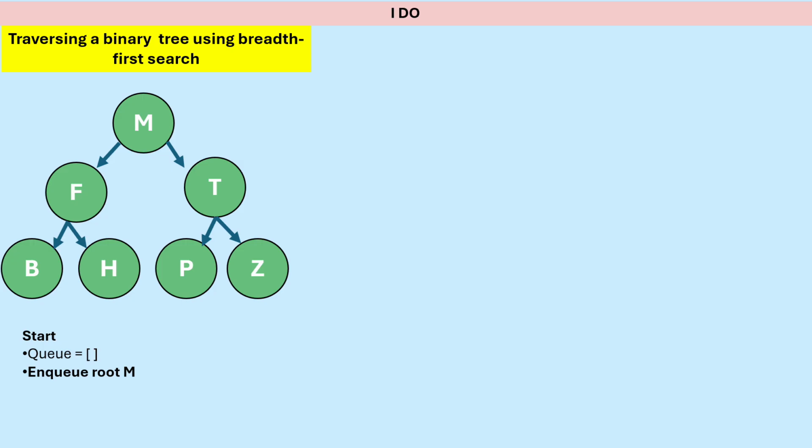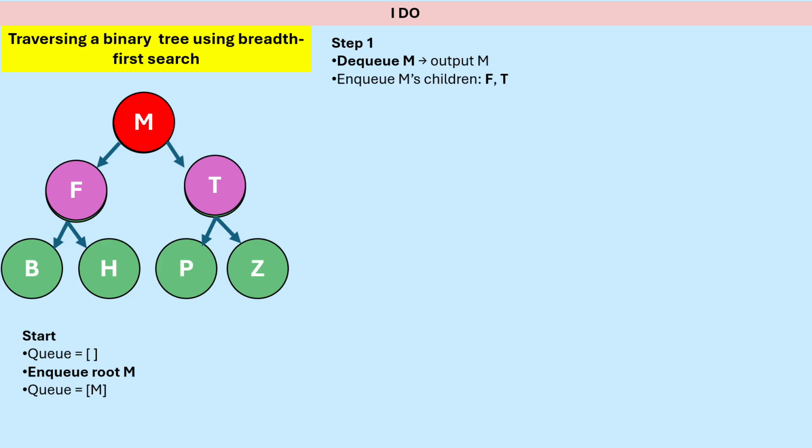So we're going to put M in our queue. We're then going to look at M itself. So we're going to visit M. When we get to M, we're going to dequeue M, so we're going to output it. And then we're going to enqueue its children.